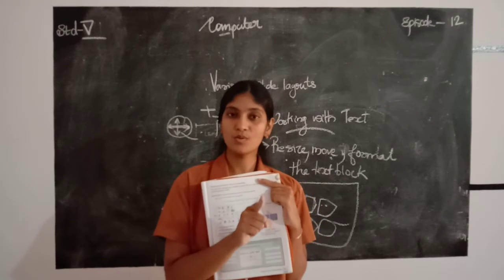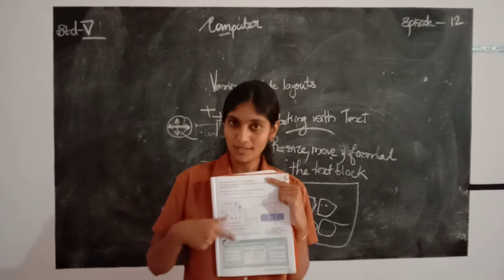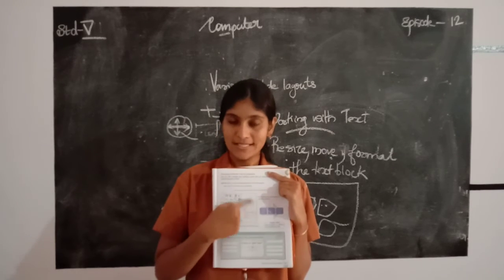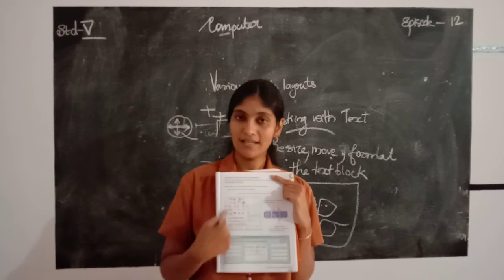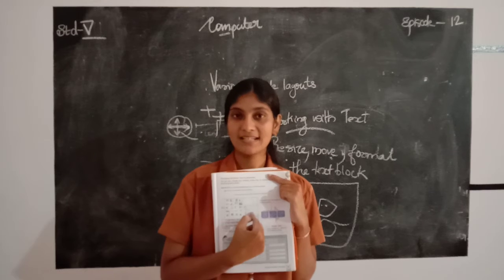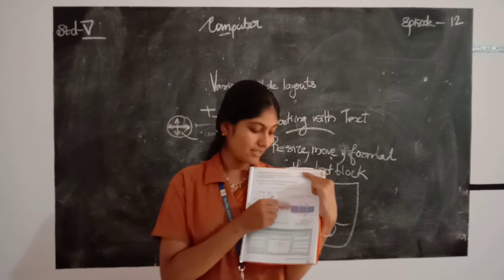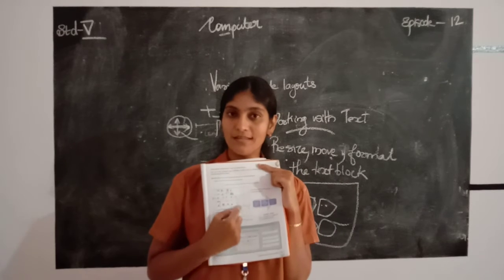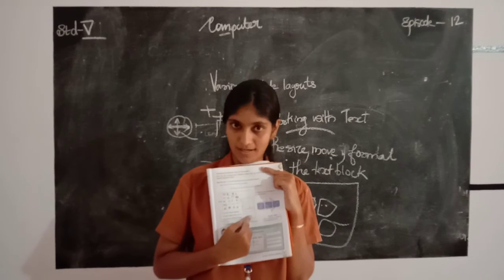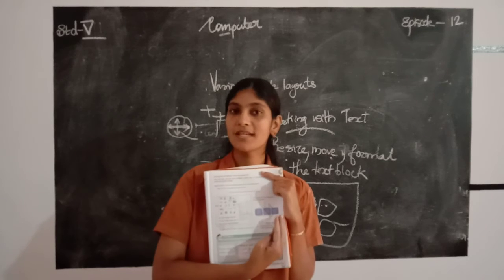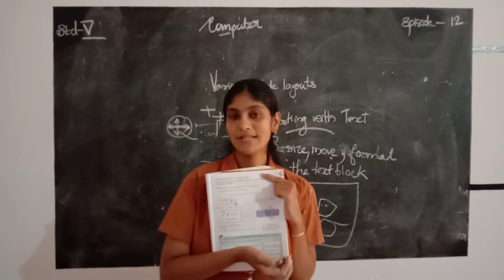To convert your bulleted information into smart art, first select the bulleted information and then right click on it. Then there is an option, convert into smart art. After that, the bulleted information will be converted in the form of smart art.